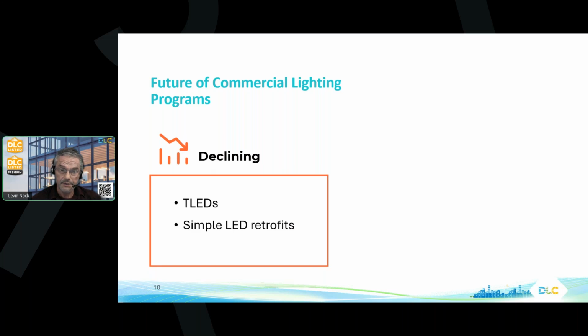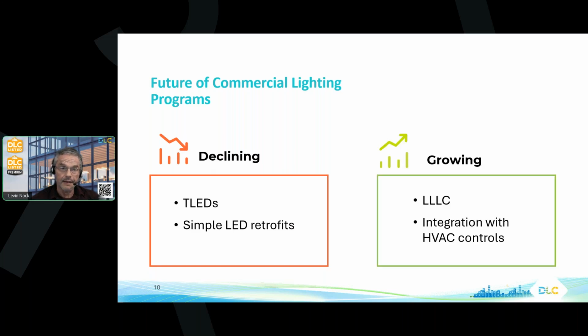At the same time, lighting retrofits that include luminaire level lighting controls offer an opportunity for commercial lighting incentive programs to continue saving energy for years to come, especially in projects where the new LLLC system can provide occupancy data to the HVAC controls for even deeper energy savings.